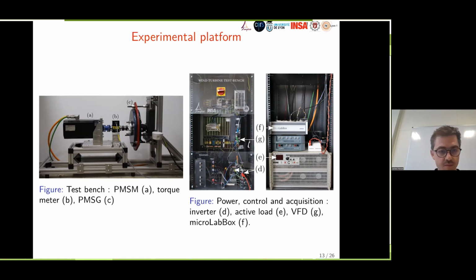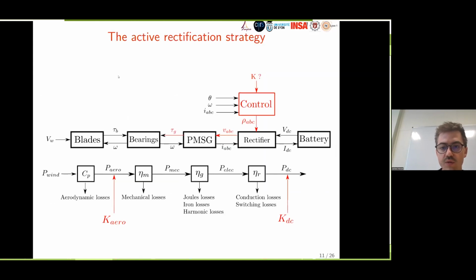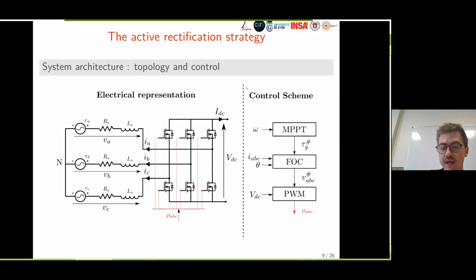And the strategy to control the generator, so to apply the torque on the generator, we use the optimal torque control. I mentioned a very simplified 3-layer structure here.